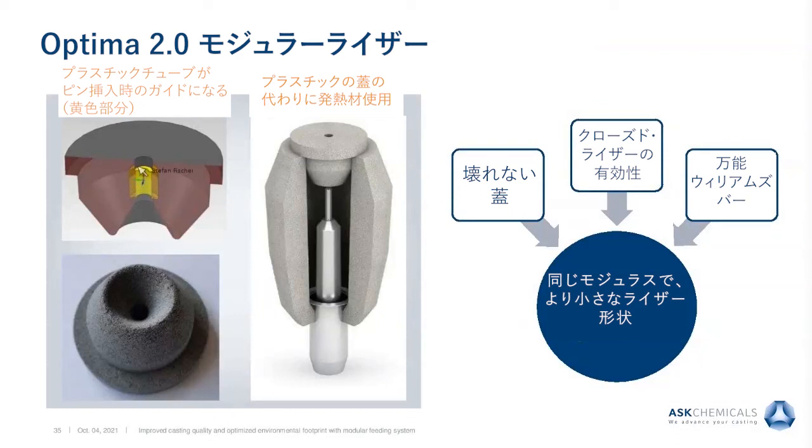In this exothermic lid, we have a very small plastic tube to avoid the crumpling we have seen before in some cases. We also have here the effectiveness of a closed riser, and with the all-round Williams bar in the neck, in the roof of the riser, in the lid, we can achieve the same module with a smaller riser geometry.